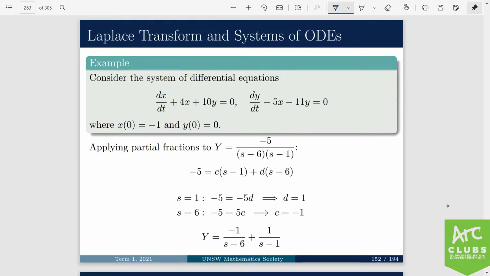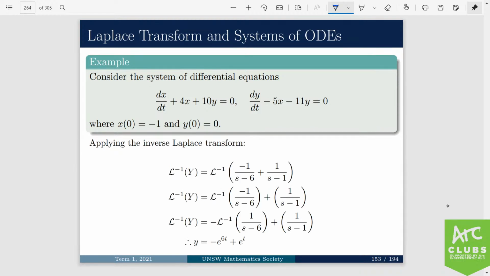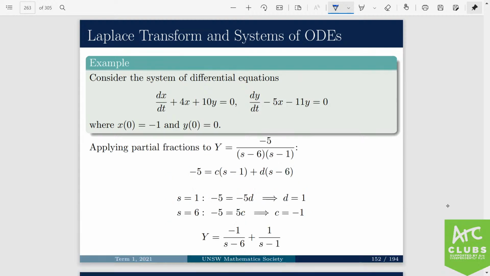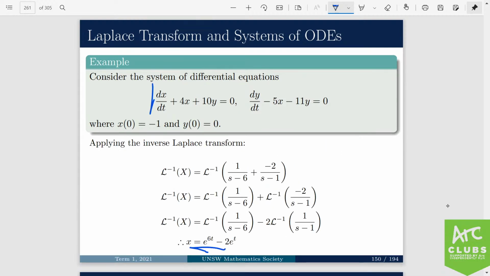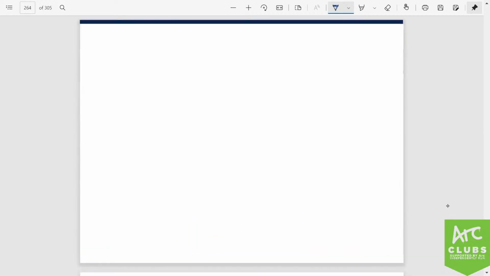Then we get this, and using the same process, we turn this into partial fractions. I'm going to get rid of that so you can see what it actually is. Then we apply the inverse Laplace transform to those separate fractions, and that gives us this. So we've got our x, which was over here, and we've got our y, which is over here.